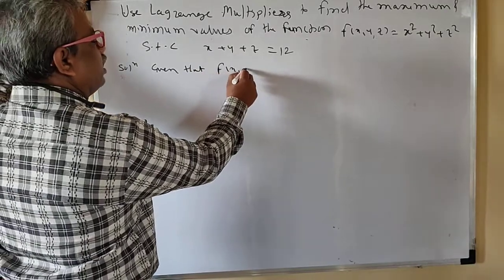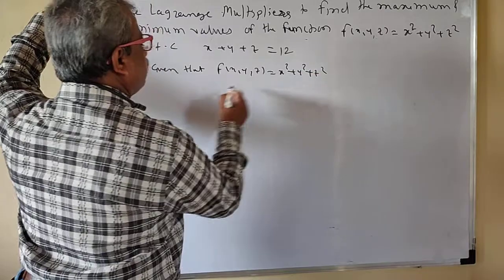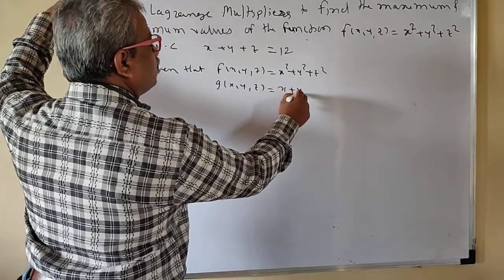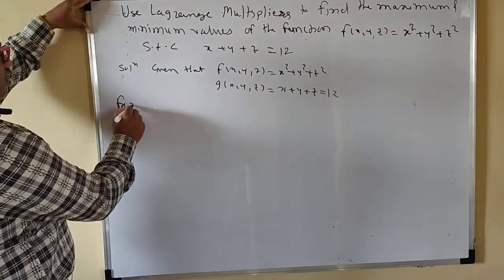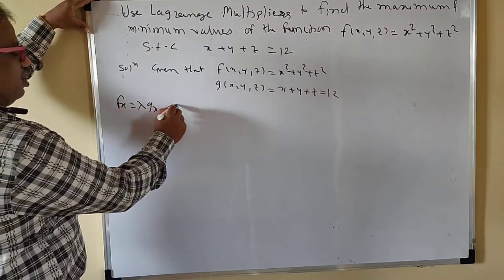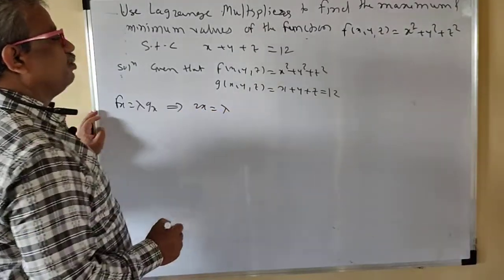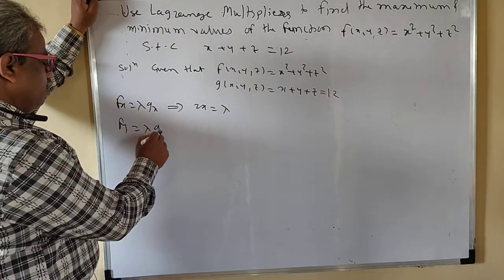f of x y z is equal to x square plus y square plus z square, g of x y z is equal to x plus y plus z is equal to 12. So fx is equal to lambda gx, implies that twice x is equal to lambda. fy is equal to lambda gy.